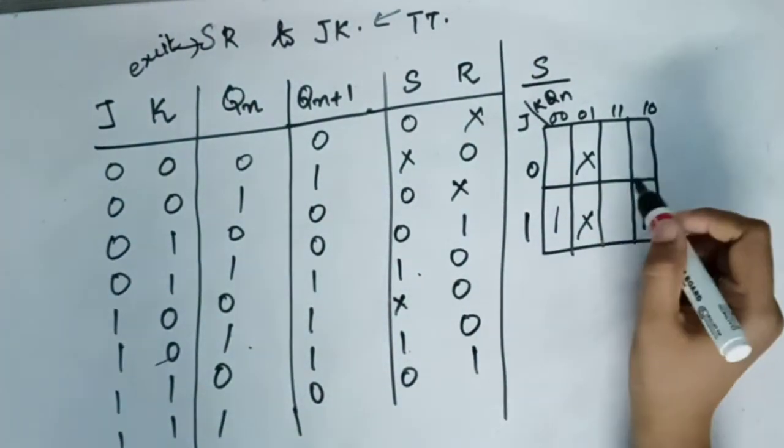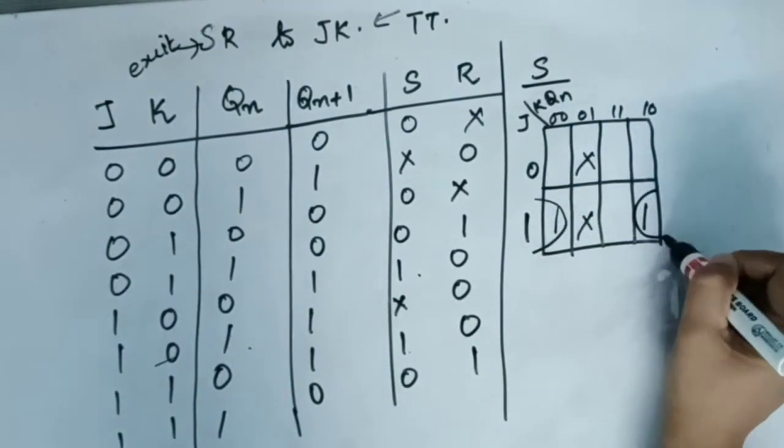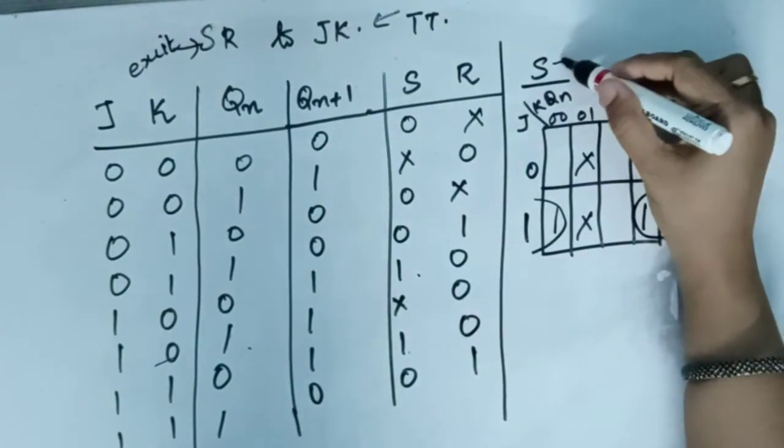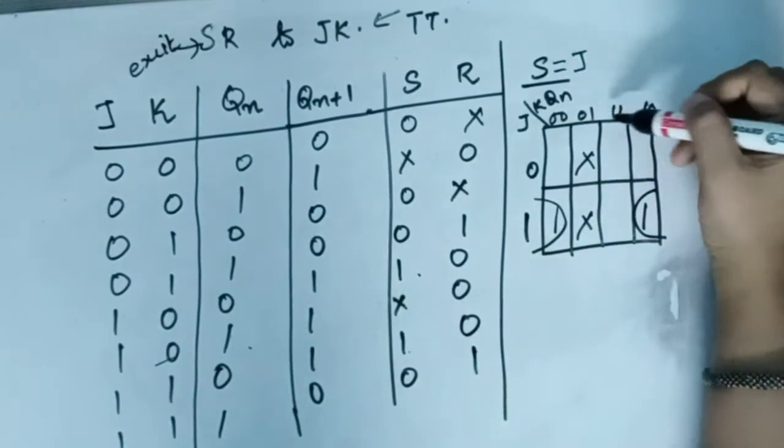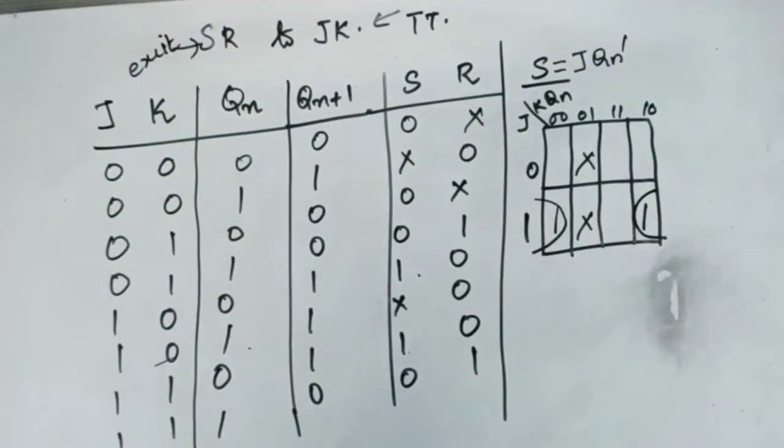Yes. So for this, you can write like this. So this is S equal to J Qn bar. Right.